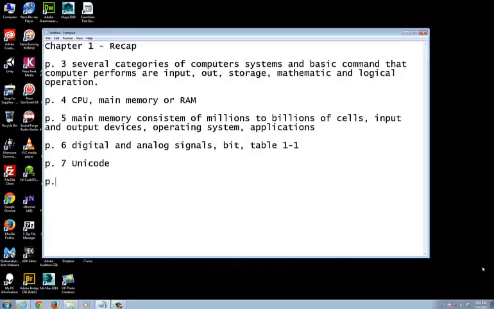A couple of pages over, I'd like you to know what a compiler is. Know the definition of a compiler. Also know what a linker and a loader are, on page 10.